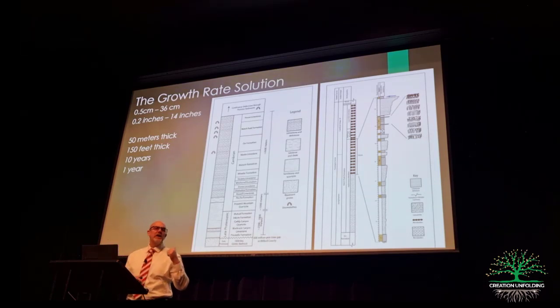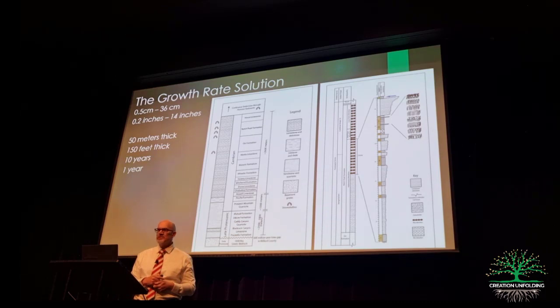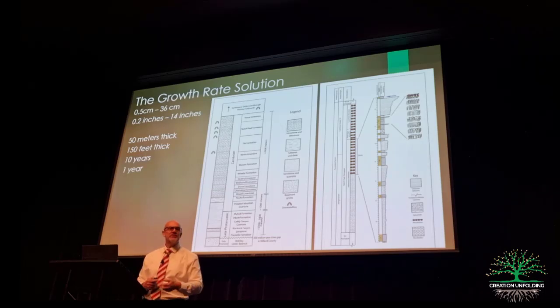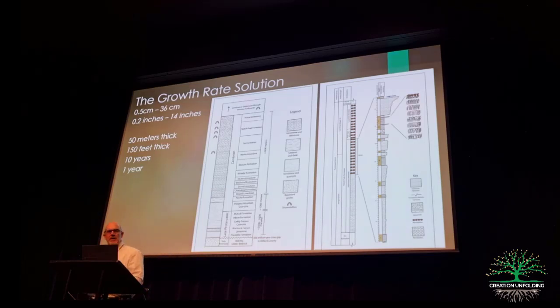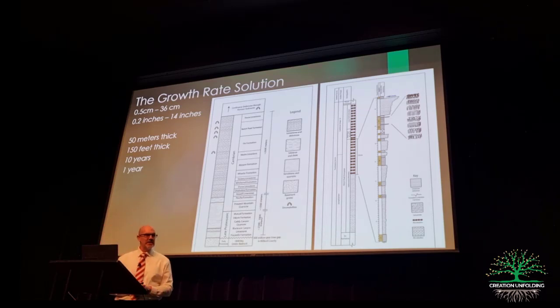Well, I've done insoluble residue experiments on these rocks as part of my PhD. That's where you take the carbonate, you put it in acid, and you see what's left. And we don't get dinosaur flesh in these rocks, you didn't know. But we do get quartz and plagioclase and muds, things like that. And they're called insoluble residues.